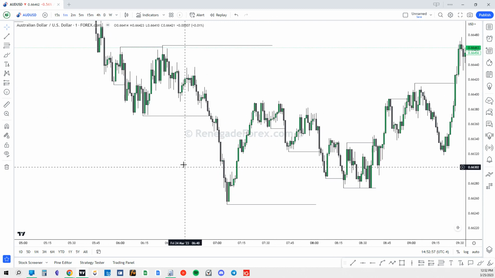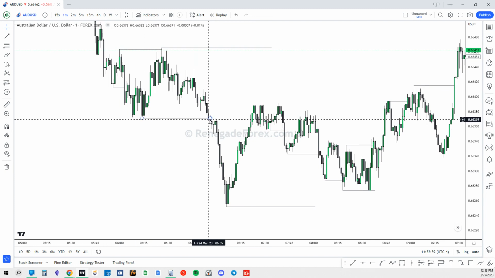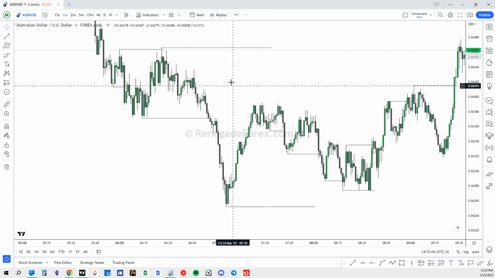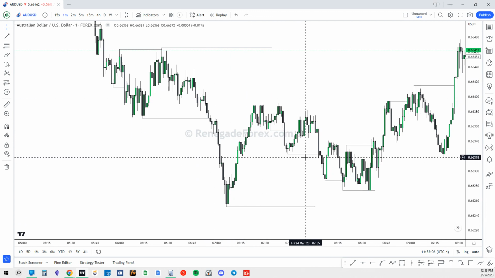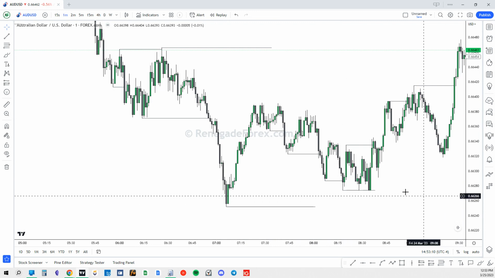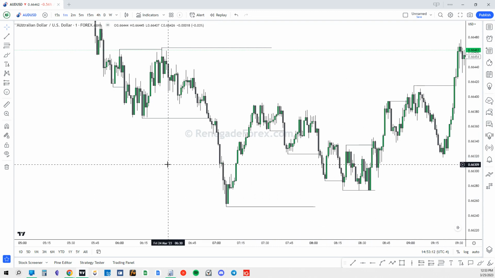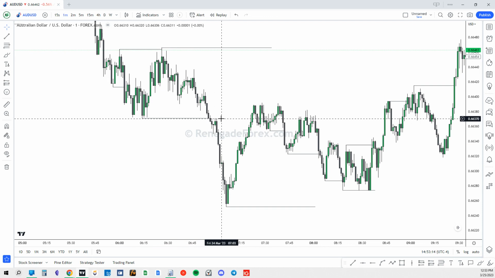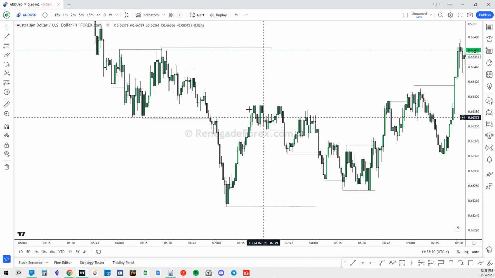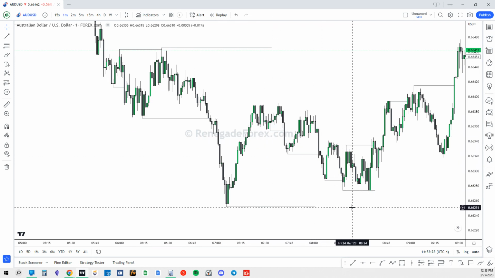But for right now, all you really need to know is that after this break of structure, price trades lower, and then it retraces back up into this zone and then continues on, is our expectation. In this example, it doesn't actually break this low, but we'll go over a few examples where that does happen. So again, after the break of structure, at some point in time, price is going to pull back into this zone, and our expectation is that the trend is going to continue.